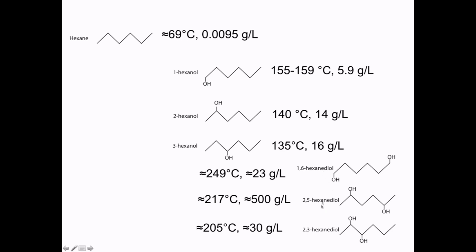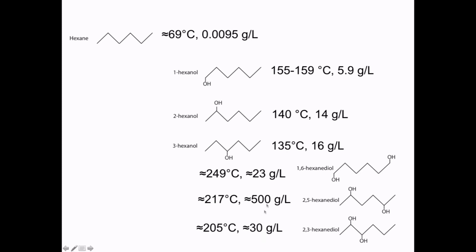So for all these three, the boiling point is larger than the boiling points for the ones with one alcohol group, and that in turn is larger than the boiling point for hexane. If we look at the water solubility, we see that the 2,5-hexanediol is a rather extreme one compared to the two other ones we see here, 23, 530.